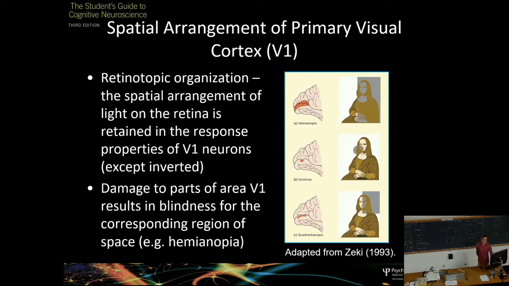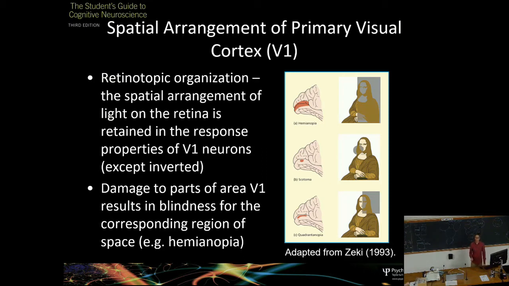So one of the properties of the primary visual cortex is that it's spatially organized, and it reflects the spatial organization of the input on the retina. The input on the retina has a number of properties. One is that the image is upside down, and that's just what you get by putting an image through a lens: it rotates it.